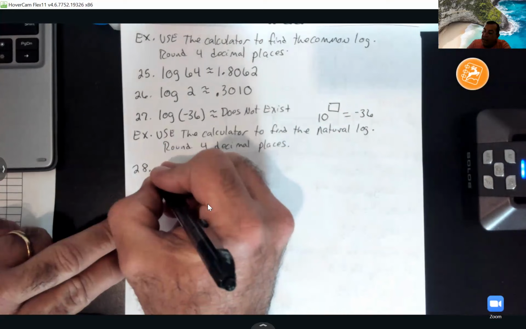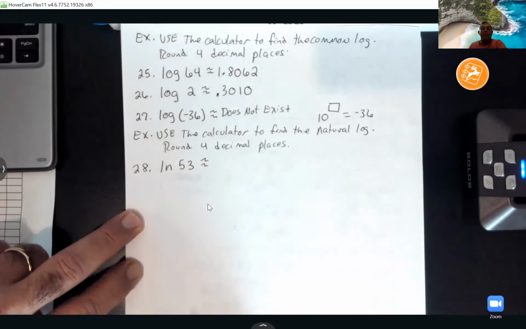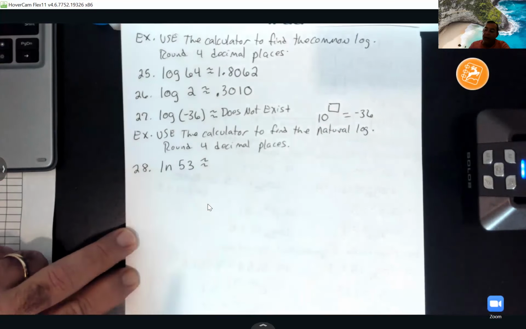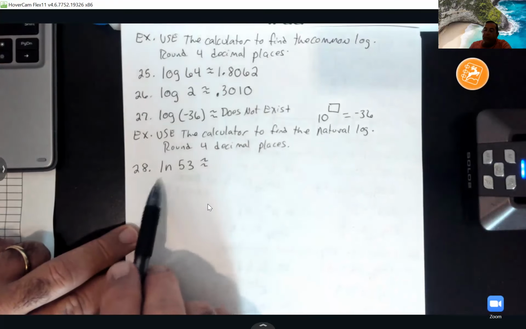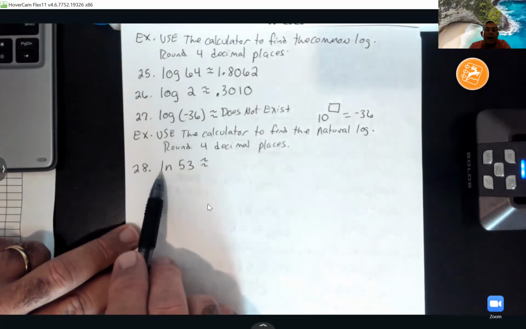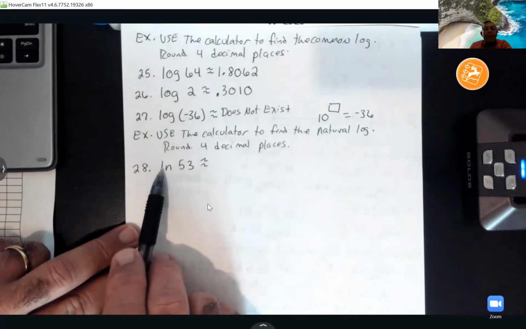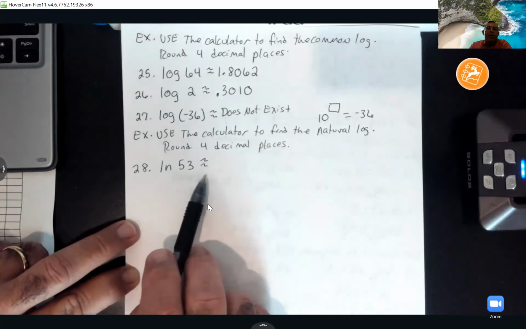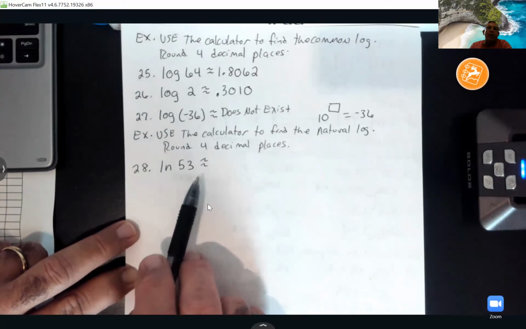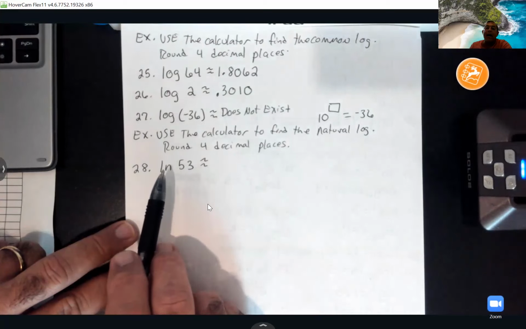Hey, off of 28, I got the ln of 53. So remember, ln is my natural log. And y'all, the biggest thing in Math Lab, when you're writing this, that's not an I. That is the LN. When you punch it in Math Lab correctly, it'll make it dark and bold, okay? Not on this one, you won't have to do it, but I'm just letting you know, like on some of those where we were converting back and forth, that's actually an LN, not an IN, okay?